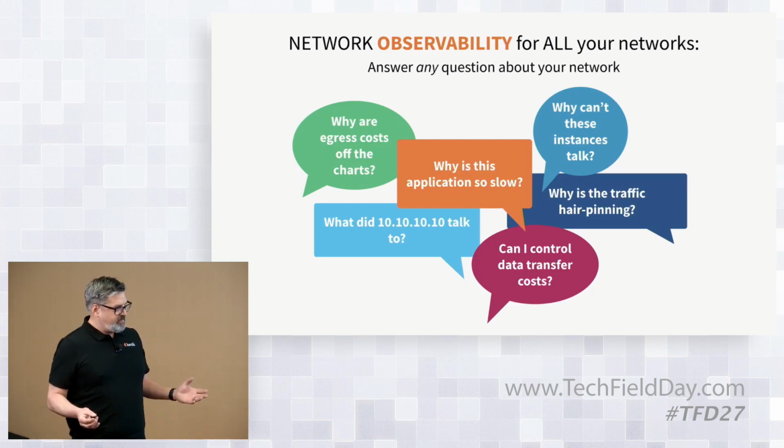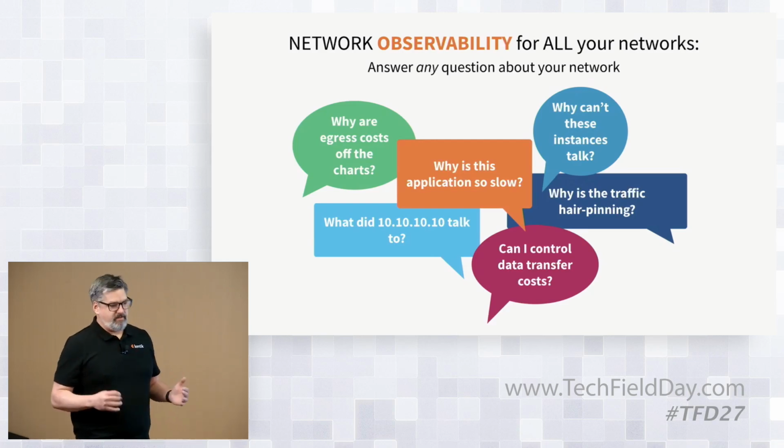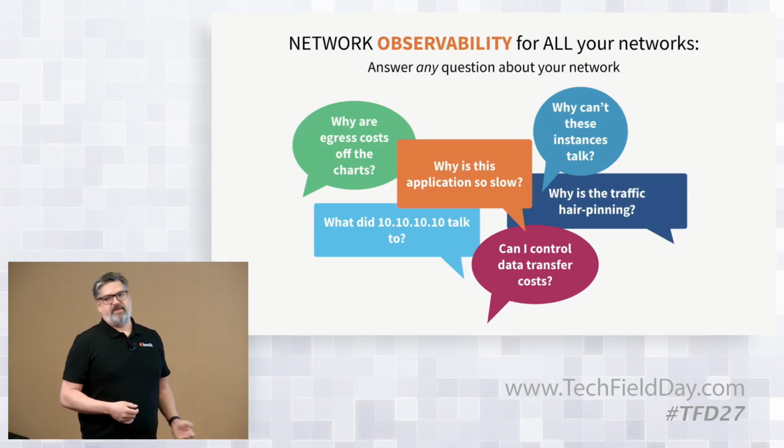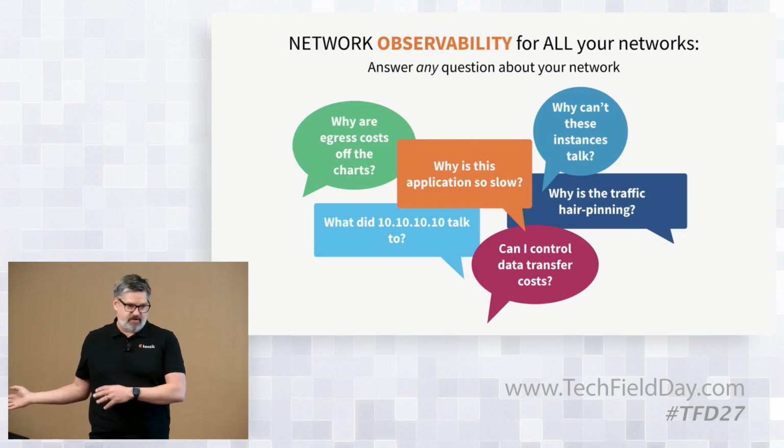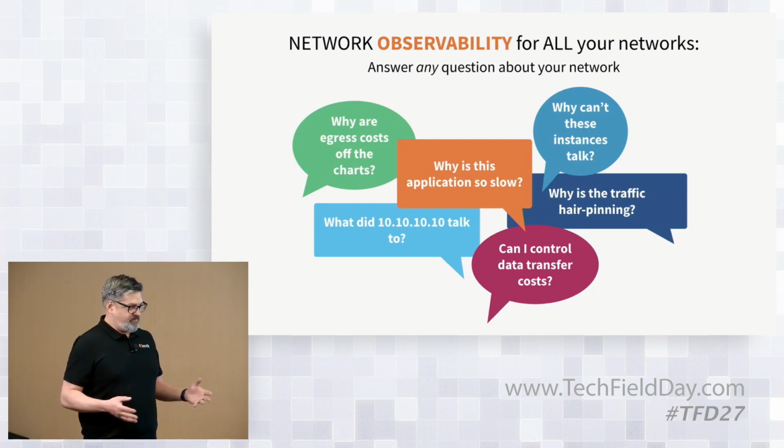It really needs more context. You need the verbs and the adjectives, punctuation and all that stuff in order to build the story to tell what that flow is. And so one of the things that we do really well is we take that flow and then we take a lot of other metadata about your networks. And when I say networks, I mean, today we have a lot of different networks that we're dealing with, and a lot of people are dealing with multi-cloud.